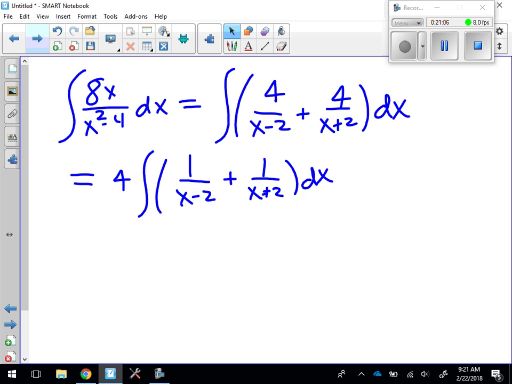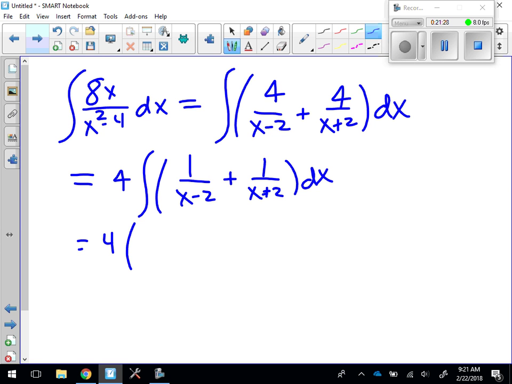Remember that the point of all of my tools is to turn this into an integral that you can evaluate by substitution. Not substitution, inspection. So if you look at this, do you know what the antiderivative is of 1 over x minus 2?